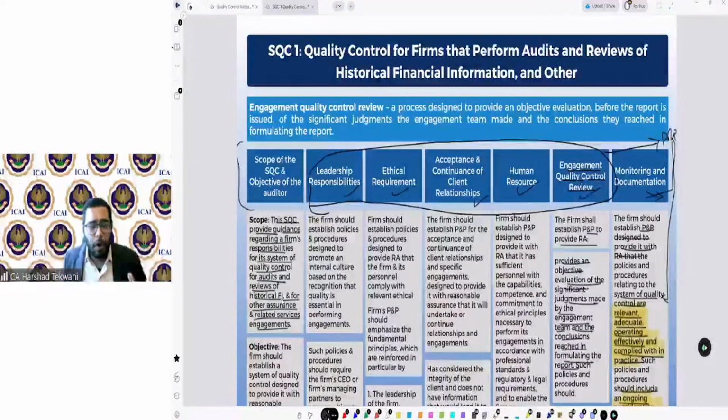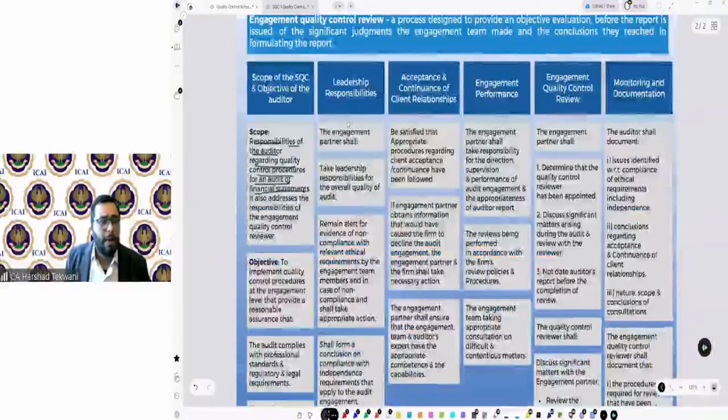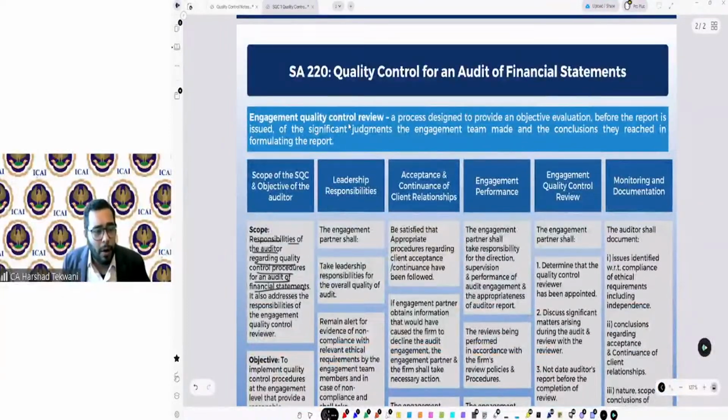So SQC is talking about the firm's system of quality control, and SA 220 is talking about the responsibility of the auditor regarding quality control procedures for audit of financial statements.